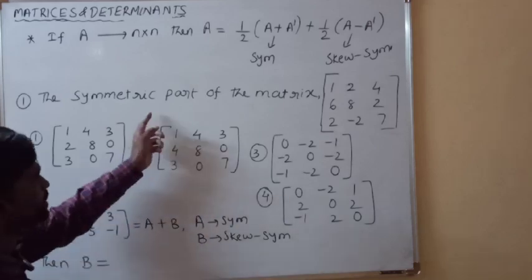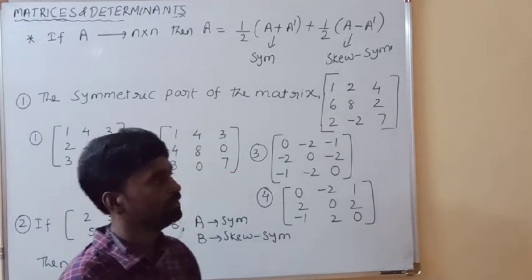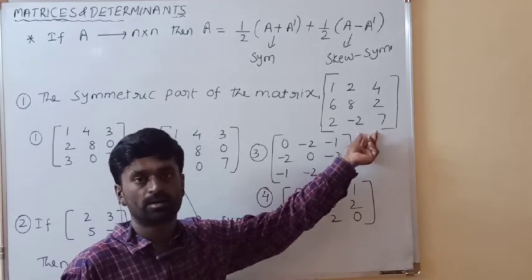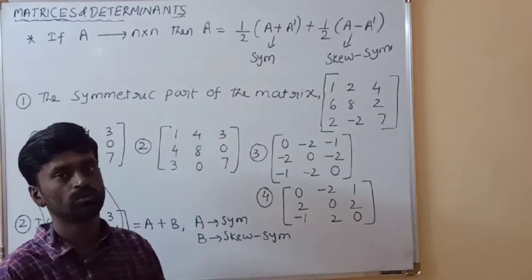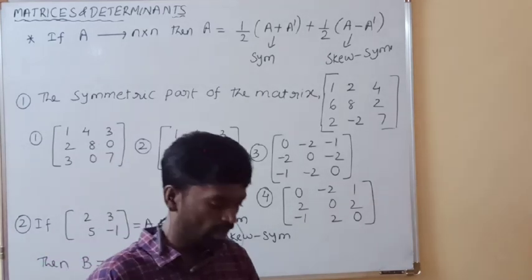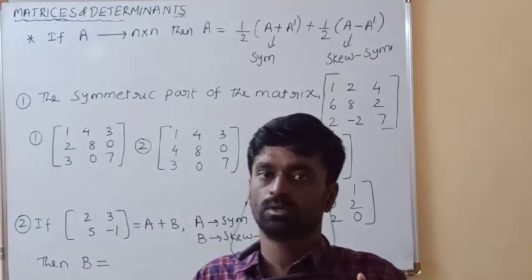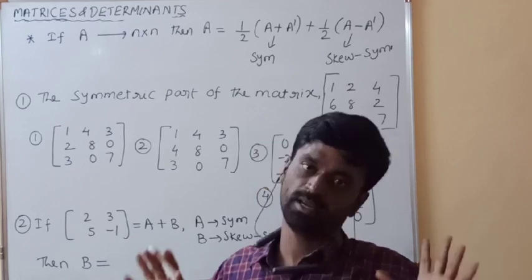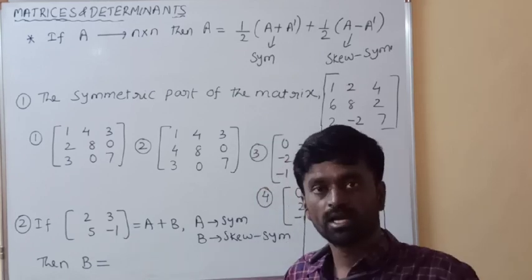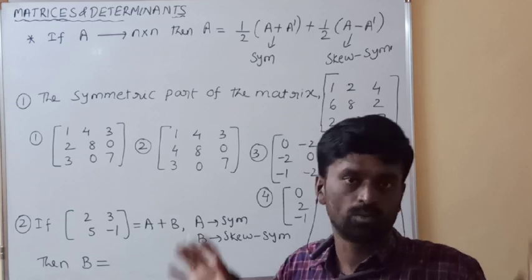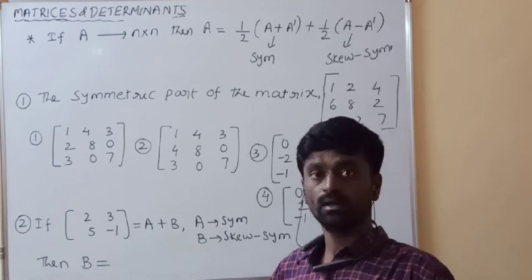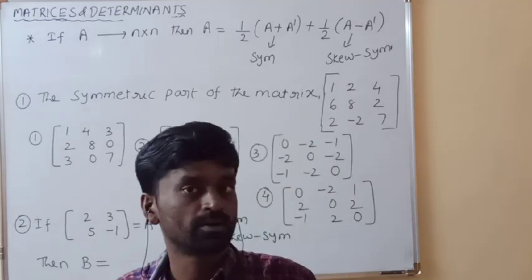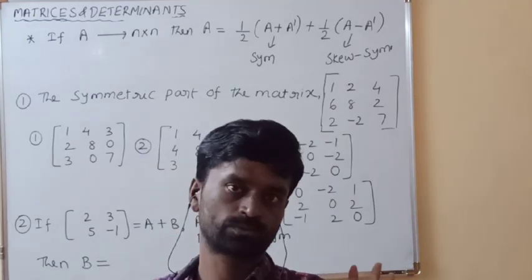Now look at this problem: the symmetric part of the matrix. If you take this matrix as A, then the symmetric part of A is half into A plus A dash. Don't hurriedly try to calculate A dash and half into A plus A dash. Sometimes by looking at the options only we can pick the answer. Remember, in a skew symmetric matrix the diagonal elements are zeros.